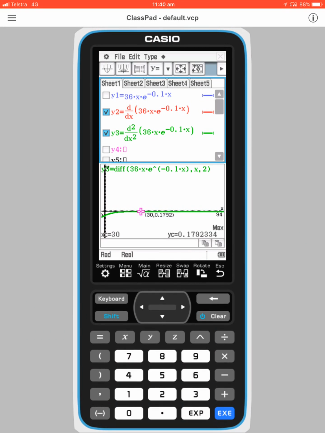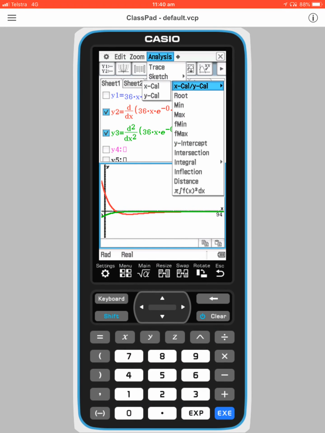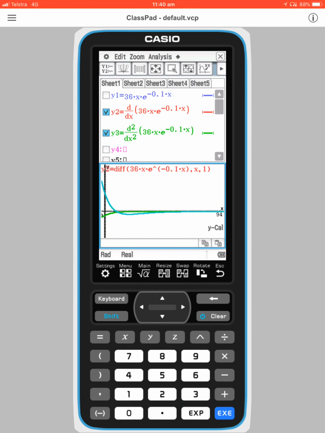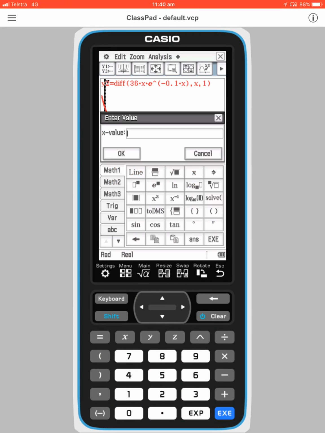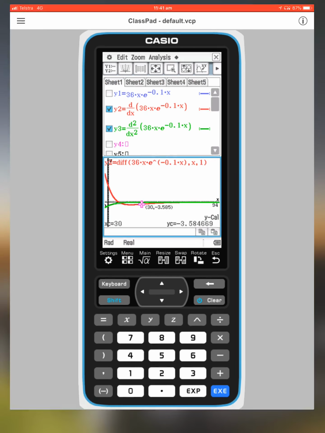So we want to find, sketch it, analysis, G-solve, y-cal when x equals 30. So our maximum rate is, that's increase, I think. Yeah, maximum rate of increase.